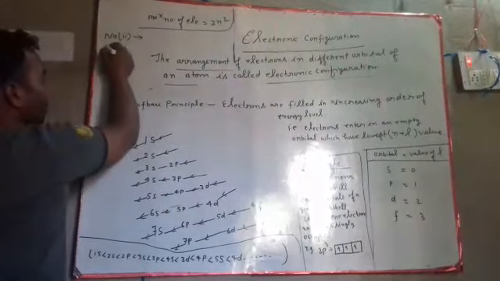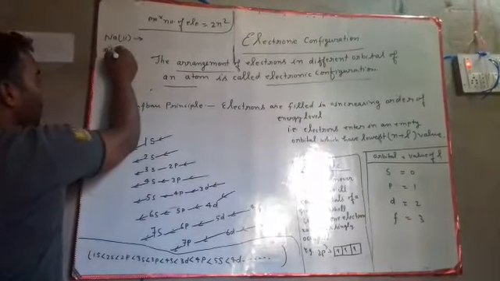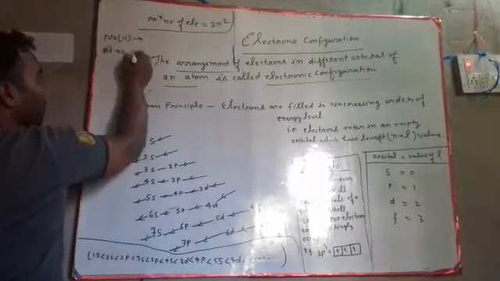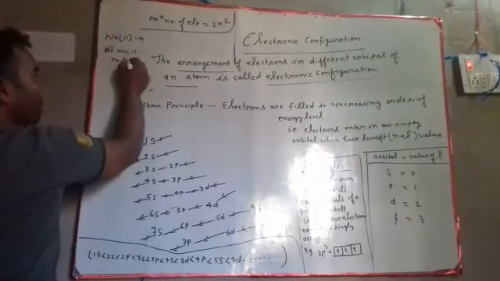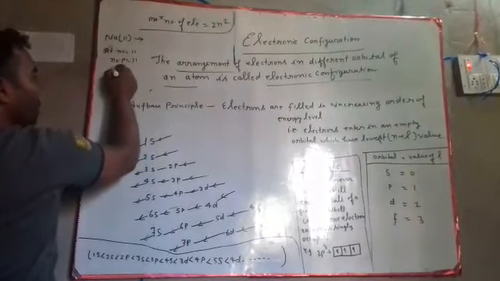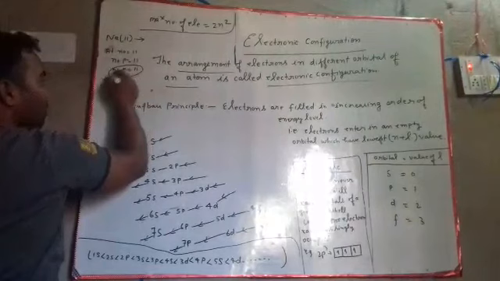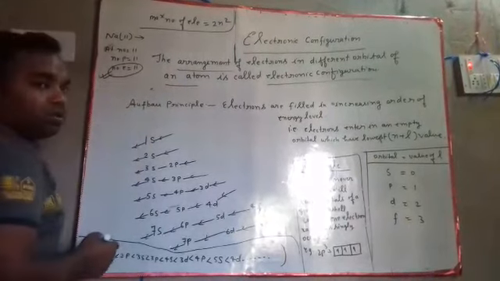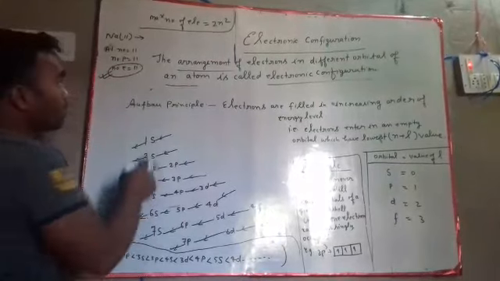The atomic number is equal to 11, so the number of protons will be 11, and the number of electrons will also be 11. So how many electrons do we have? 11 electrons, and we have to arrange them.